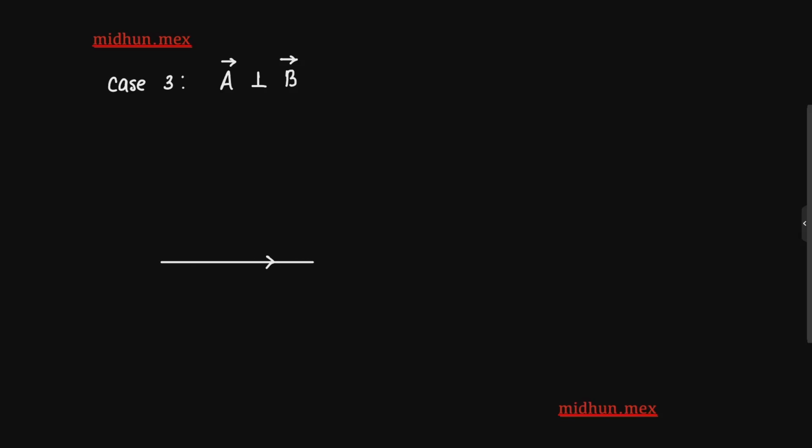Maybe this will be our vector A, and this will be our vector B, like this, and both are perpendicular to each other. When they are perpendicular, we know already theta will be simply 90 degrees.